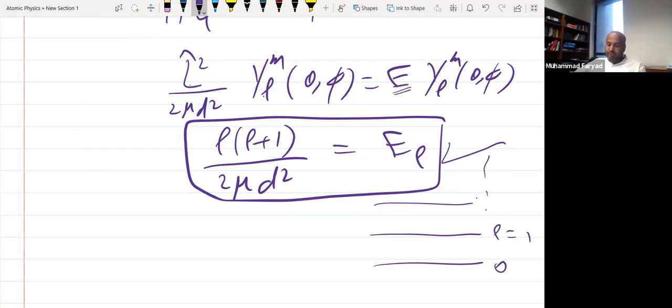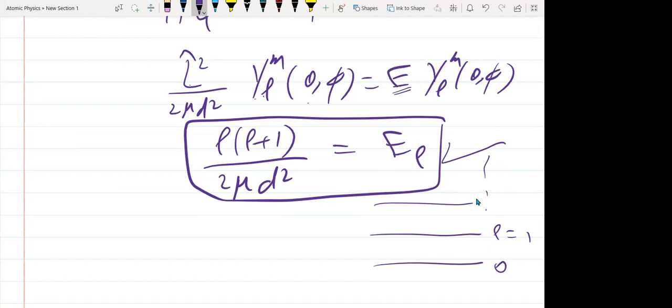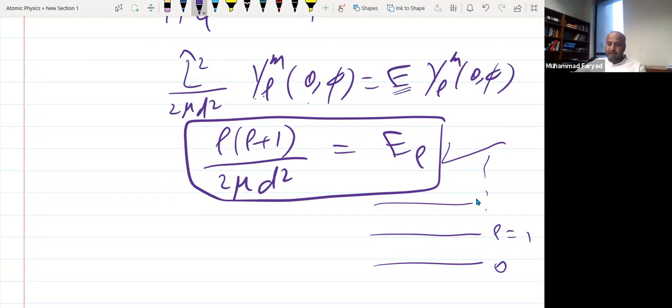After L square operates on here, I get L into L plus 1 multiplied by YLM, and then it's just a usual algebraic equation, so I cancel YLM from both sides. I can't cancel it before, because L square is an operator operating on this one. Sorry, there is an h-bar square missing from here. Once the operator acts, it is gone and I get this eigenvalue times YLM, and then I just cancel YLM from both sides.